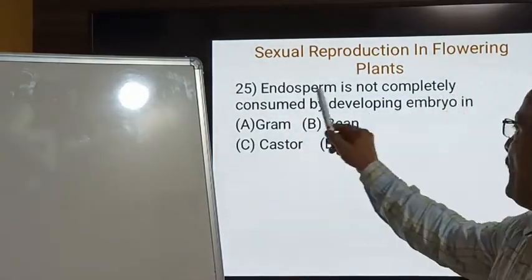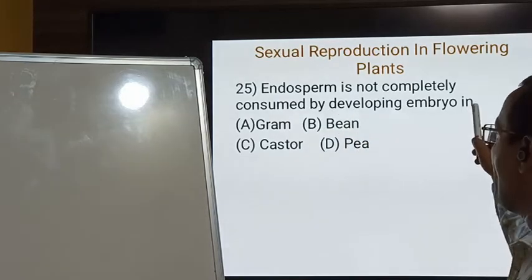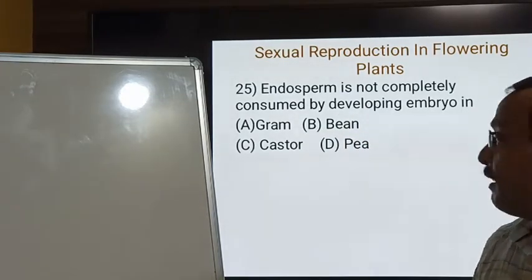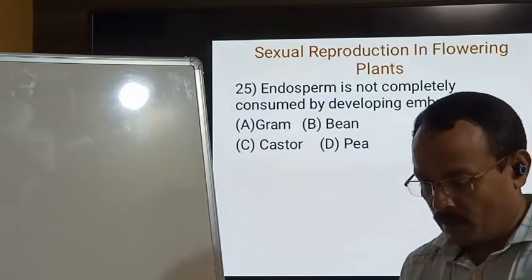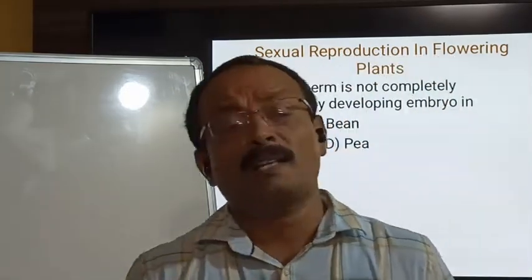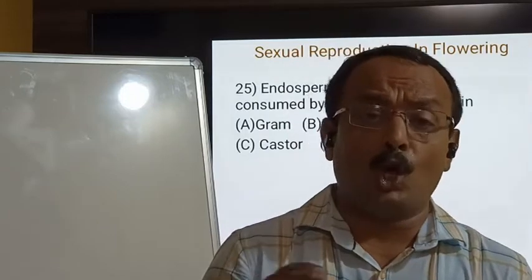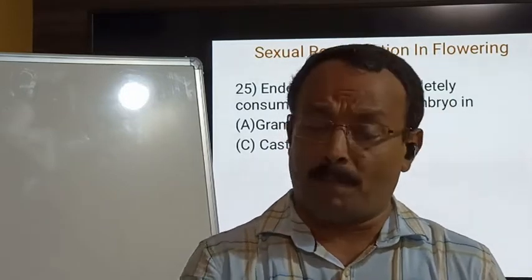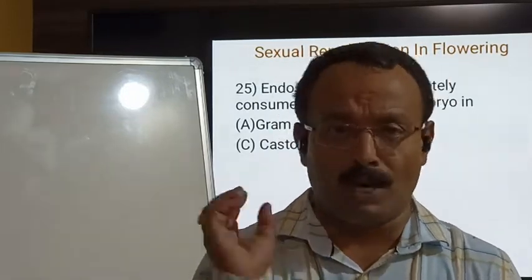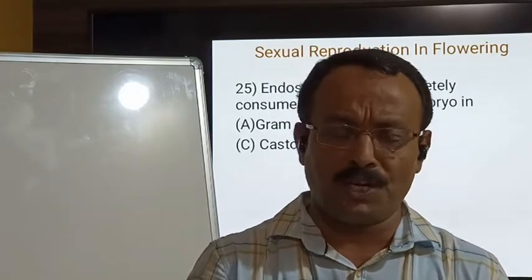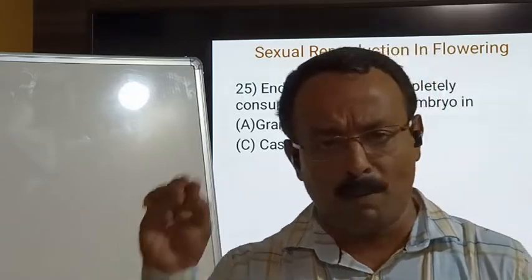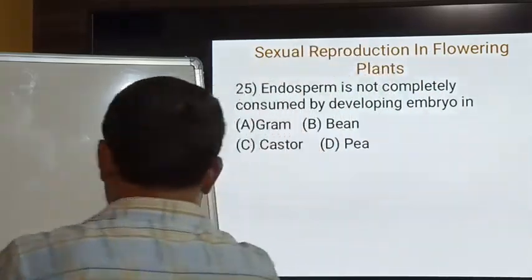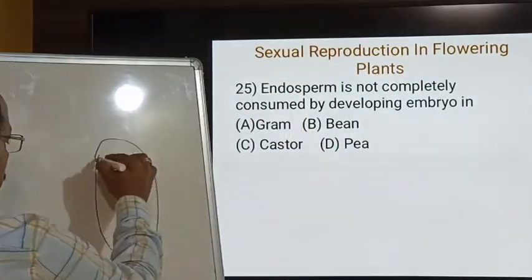Endosperm is not completely consumed by the developing embryo in gram, bean, castor, pea. They are given. See, what is endosperm? Endosperm is a product of triple fusion. First, the primary endosperm nucleus is formed. After double fertilization, triple fusion leads to formation of the triploid primary endosperm nucleus. So I write it. Here this is the embryo sac.